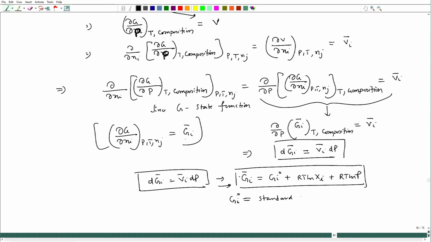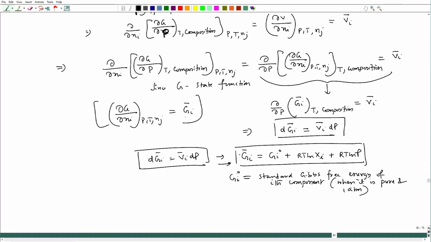Here G i naught is nothing but the standard Gibbs free energy of the ith component when it is pure, and at 1 atmosphere pressure.